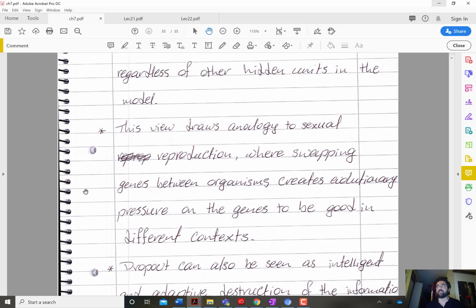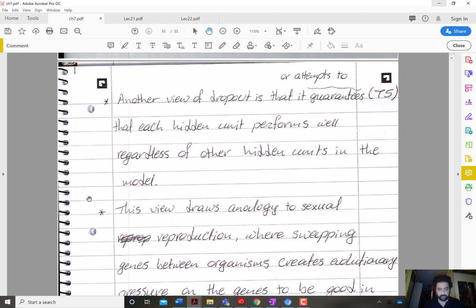So it puts pressure on the genes, as they go from one generation to the other, to learn to serve their task in a diversity of situations. So that's one view of Dropout.